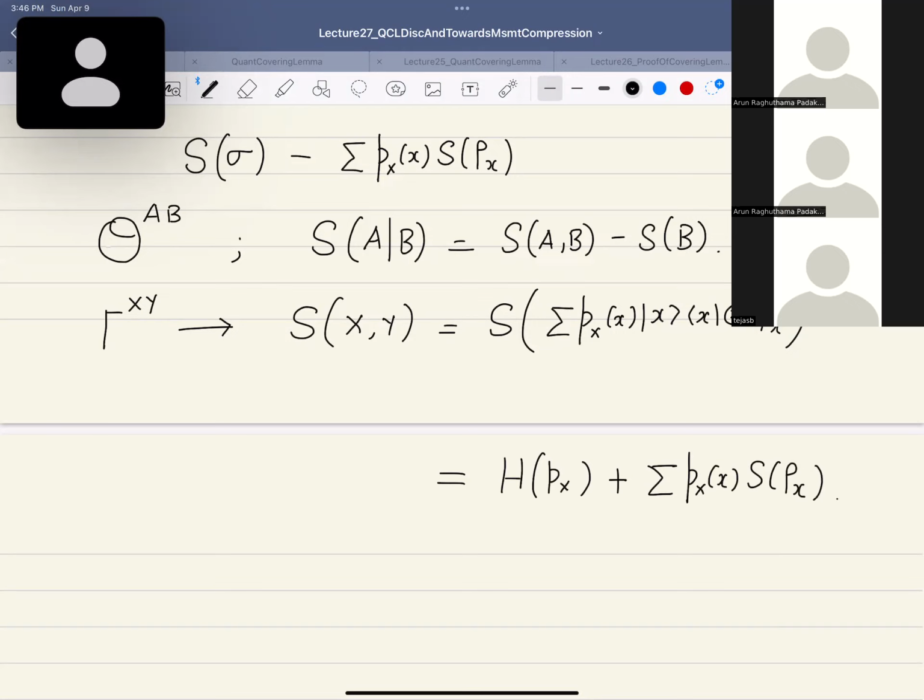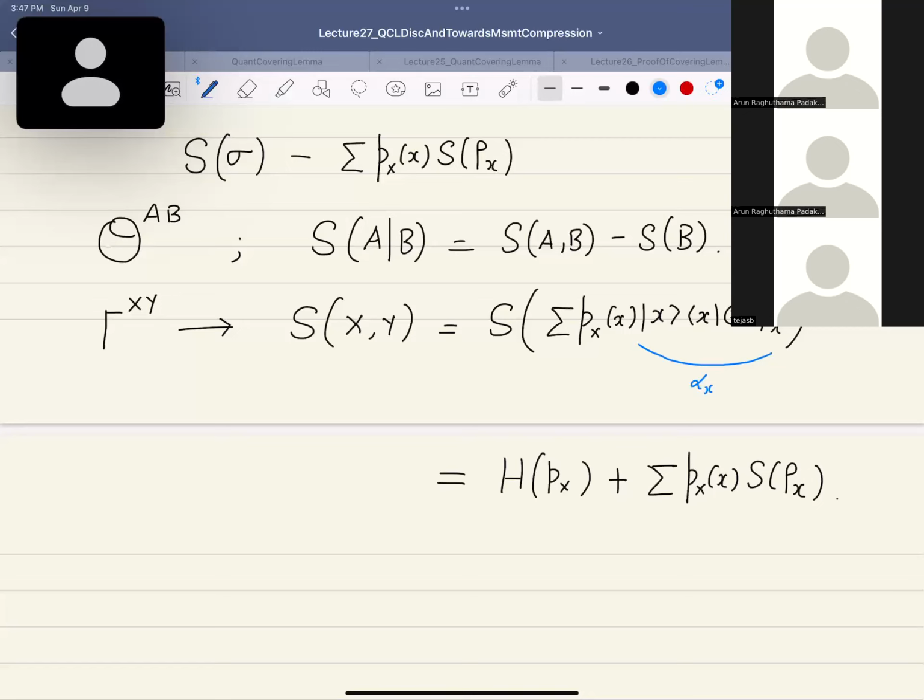Yes, and the reasoning is that all of them are orthogonal because of the x's. If you think of this as alpha x, then the alpha x's are all orthogonal because you have put in a tag which is orthogonal.